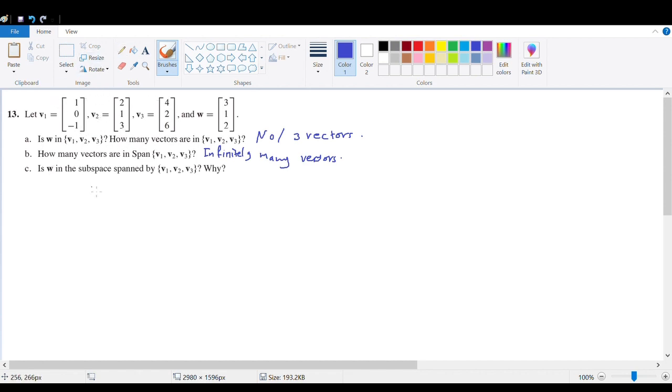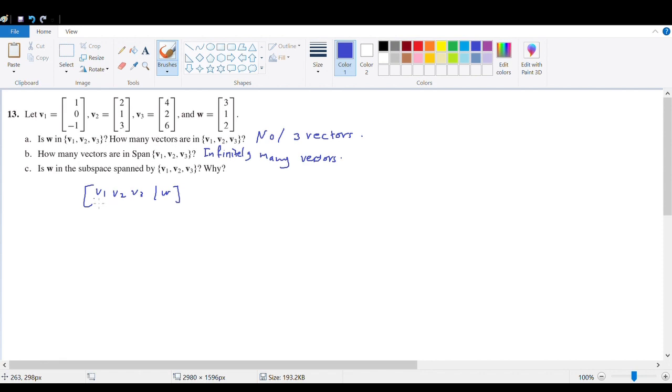So that means we need to solve V1, V2, V3, and here we have the vector W. If this system is consistent, that means W is in the subspace spanned by these three vectors. But if it is not consistent, then W is not.